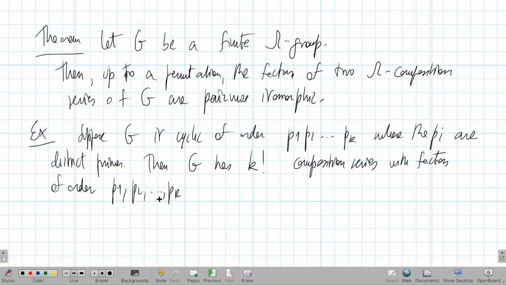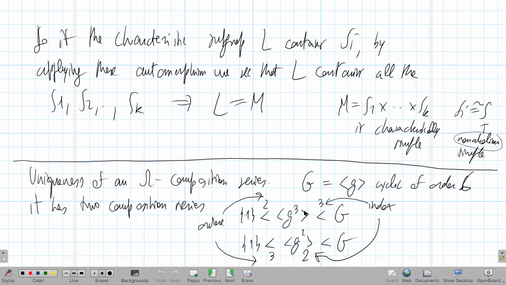So what I mean here, since this is cyclic, the factors have to be simple groups. So these are simple abelian groups, and so are cyclic of order p. What I'm saying is that you can find composition series which realize all permutations of these pi, okay? So for instance, this is a special case because here G is of order 6, so it's a product of just 2 primes, and you see you have two composition series.